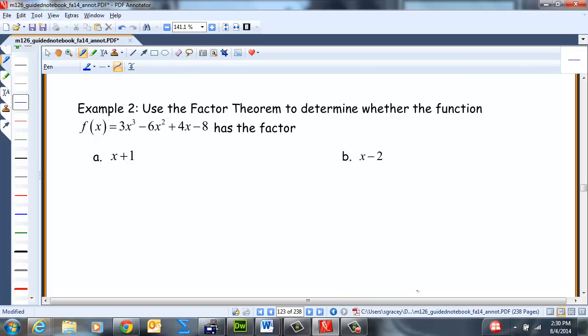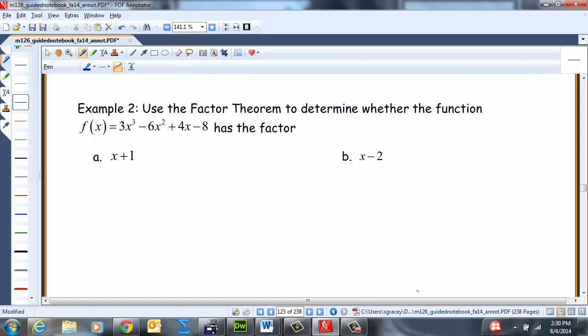Okay, so let's use this factor theorem to determine whether or not the function given has the given factors. So f at x is 3x cubed minus 6x squared plus 4x minus 8. And the first factor we're considering is x plus 1.